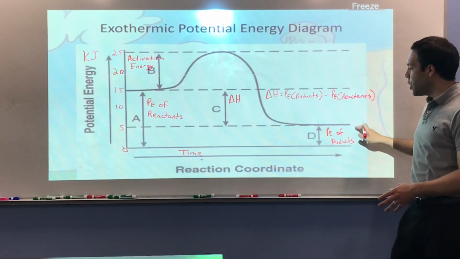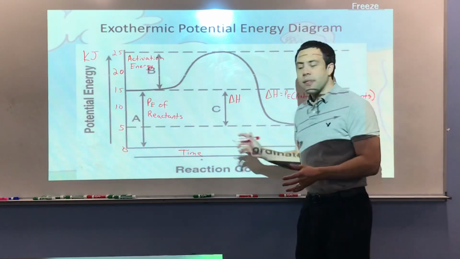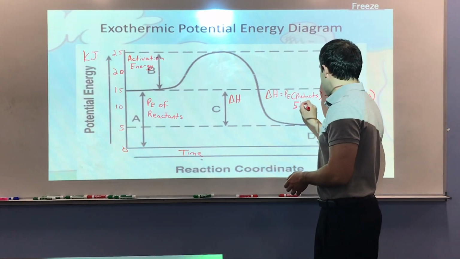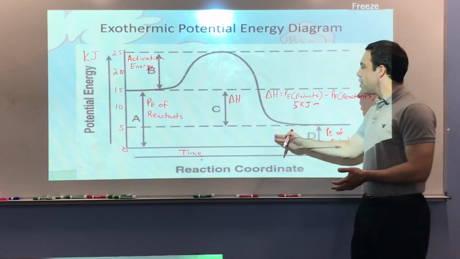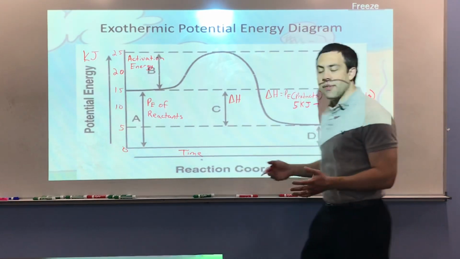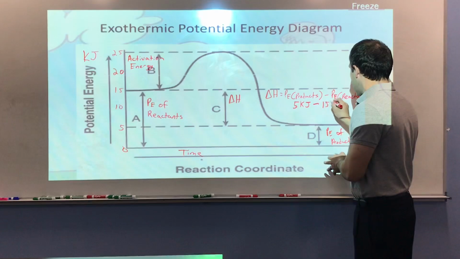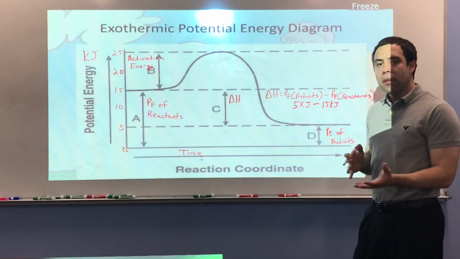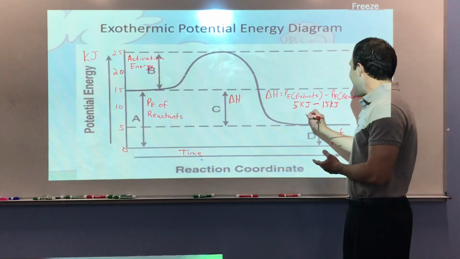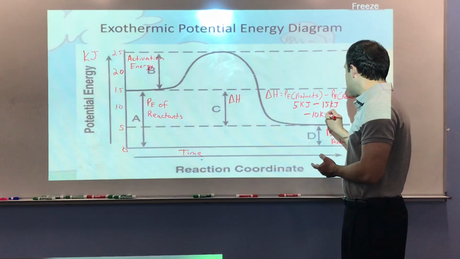The potential energy of the products, looking on the graph, is 5 kilojoules, minus the potential energy of the reactants, which is 15 kilojoules. When I subtract 5 minus 15, I get negative 10 kilojoules.